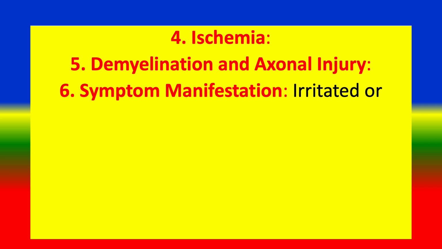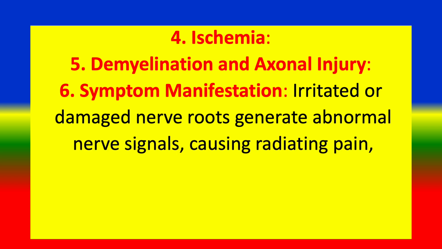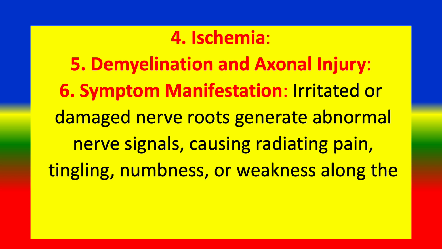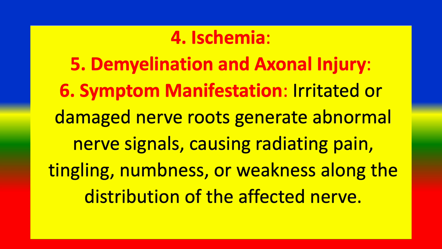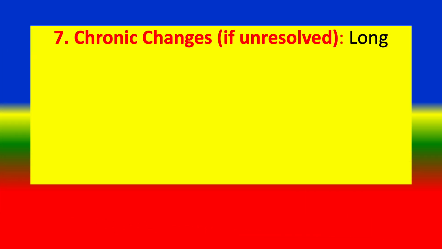Symptom manifestation: irritated or damaged nerve roots generate abnormal nerve signals causing radiating pain, tingling, numbness, or weakness along the distribution of the affected nerve. 7.